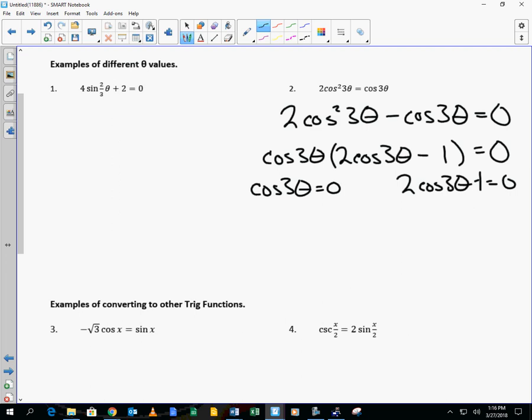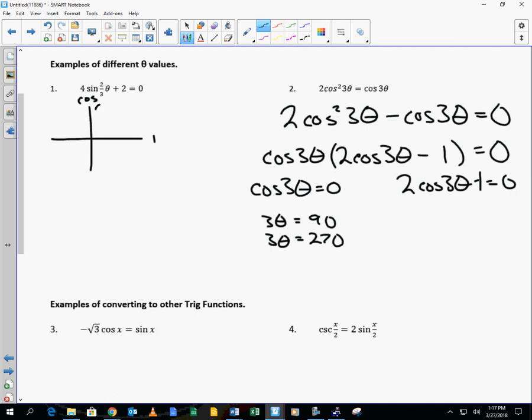Yep, very good. So where is cosine equal to 0? At 90 and 270. Remember the little chart we made yesterday in class for tangent and sine and cosine? So I inverse cosine, and if you remember, cosine is equal to 1 at 0 degrees.